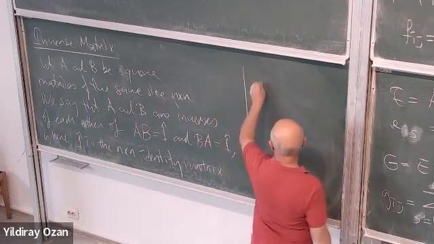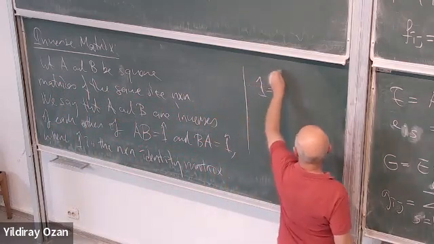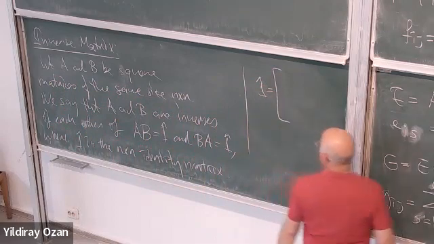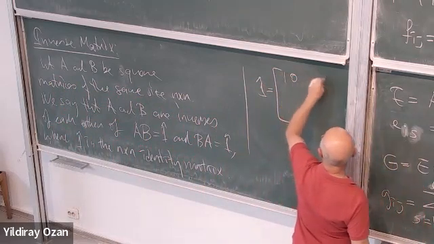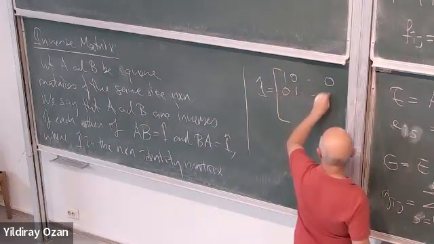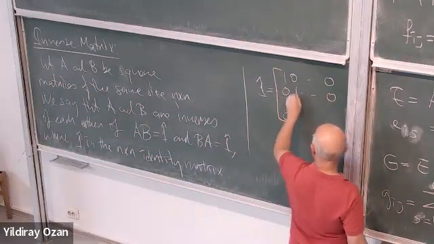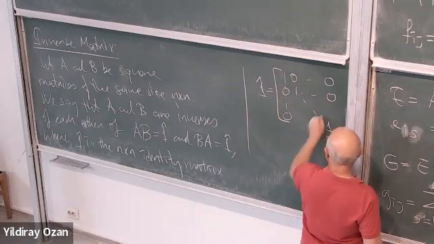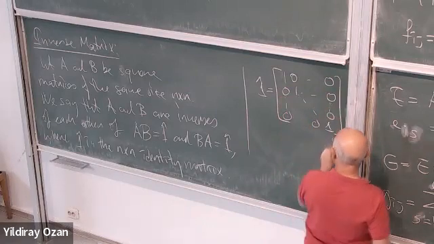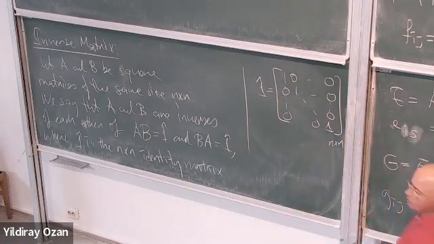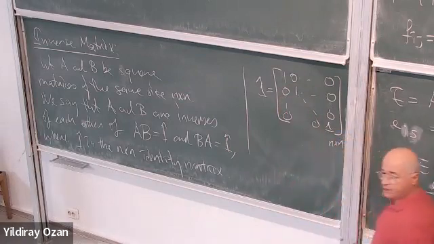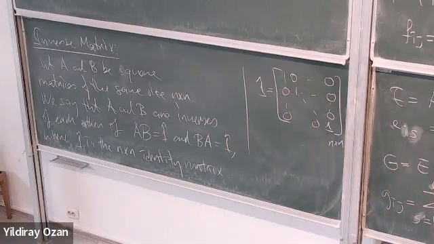So what is this? This is just this matrix: I have ones in the diagonal, and all the other entries are 0. So it's an n by n matrix. Everything is 0 except the diagonal elements, and diagonals are all equal to 1.